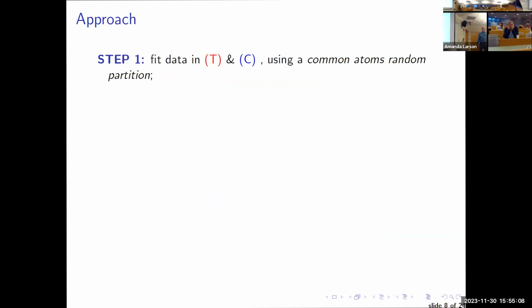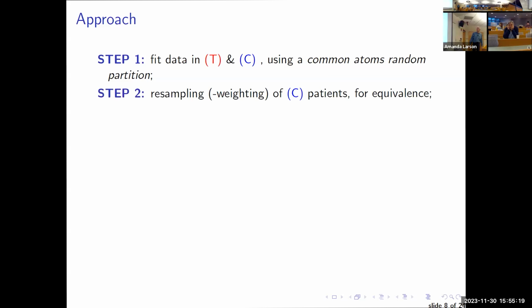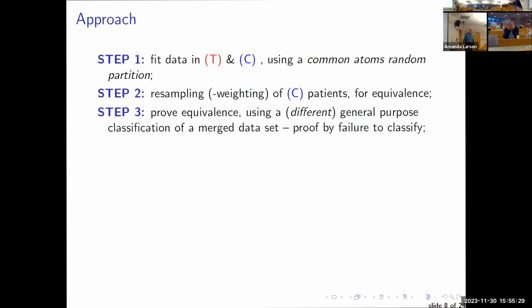So just to summarize, you could think of it as proceeding in the following steps. First, we fit the synchronized mixture to the red and to the blue data. Once we fit that synchronized mixture, we can either resample the blue data or fill it out, or we can introduce the weighting. Step three, at this moment, we would believe that we have equivalent patient populations.